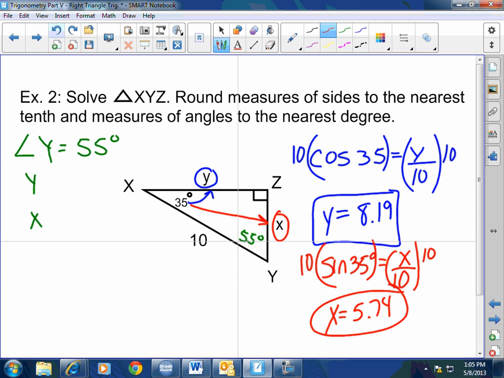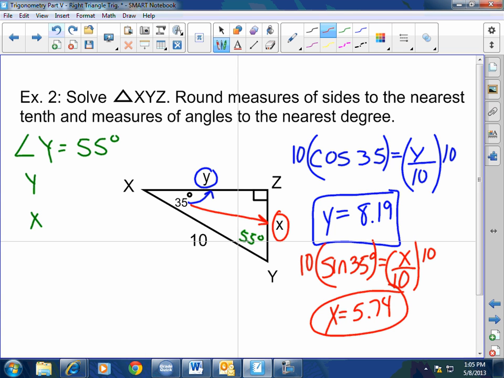Does that make sense? Everybody, I don't want you to leave here today not knowing this. Sir, since we got y, we could also use tangent. You could have used tangent if you wanted to, since you already had y, which was 8.19. My suggestion, though, is, what if you messed up accidentally, and now this y value is wrong? Then that means that everything else is wrong.